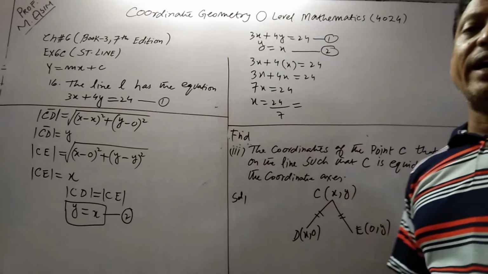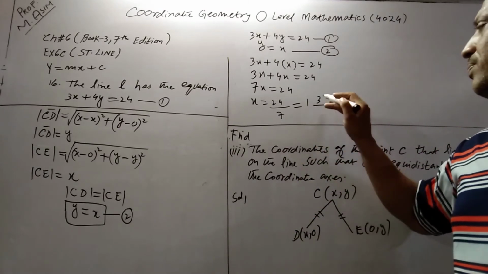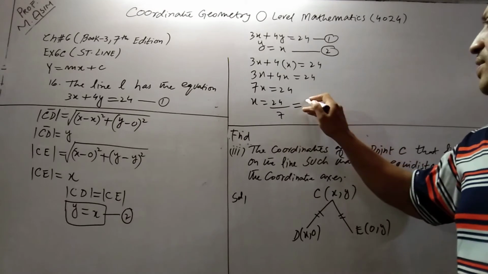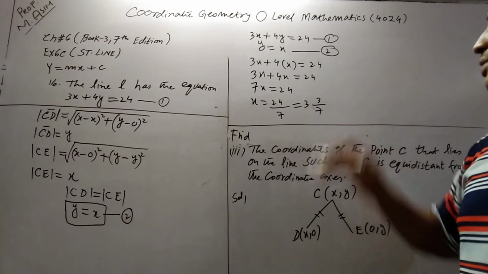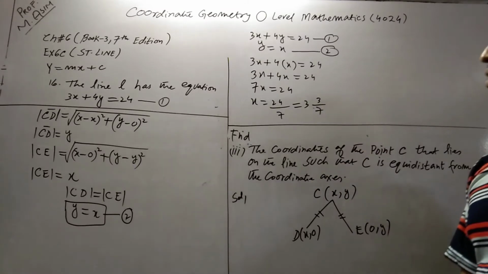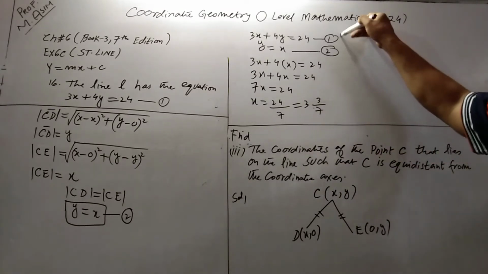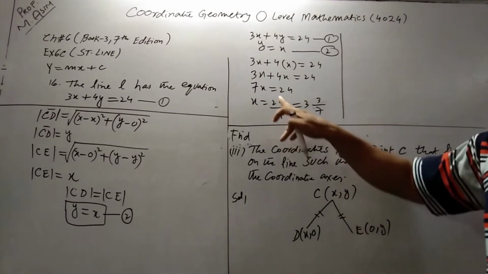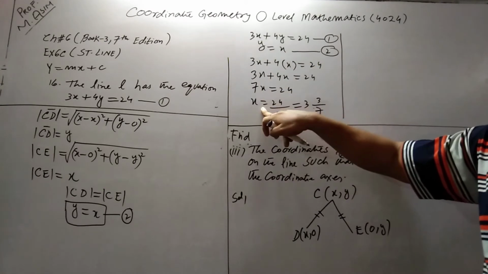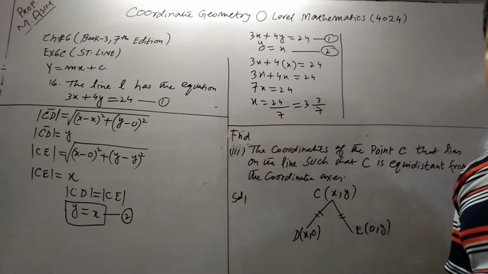Or if you want to write in mixed number, 7 3s are 21 plus 3 upon 7. So this is in mixed number form. Now the second part, how to find the value of y? Just put this value of x, 24 upon 7, in any one of the given equations.